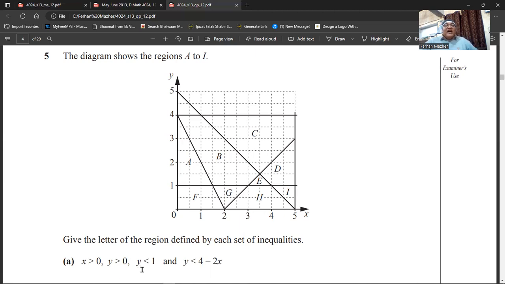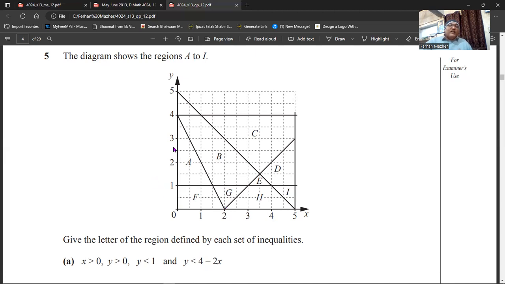Then it says y is less than 1. y equals 1 is this line. So you have to remain below this line because the crocodile's back is towards y. Then y is less than 4 minus 2x. So this is a line whose y-intercept is 4 and its slope is minus 2. So the y-intercept 4 and the gradient minus 2 is this line. Because the crocodile's back is towards this, we have to remain below this line.